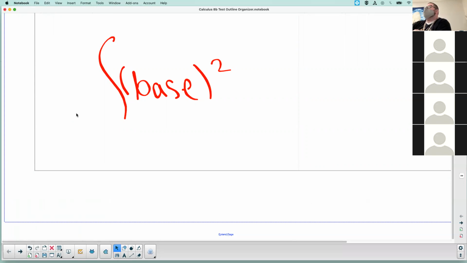That base or the base area? Like the base of the square or the base shape that they sit on? The one that they sit on. Still should be in X's. It should be Y equals.